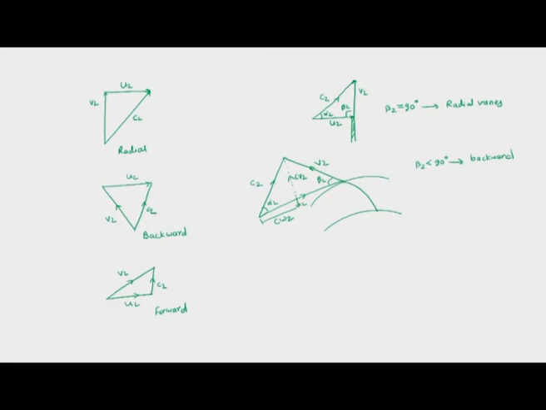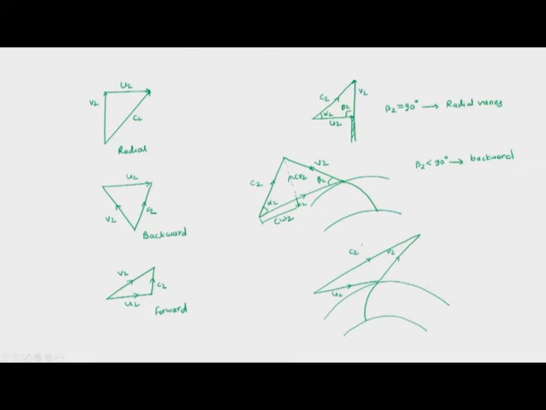Now if we draw the case for forward facing vanes, let us draw that. So this is a forward facing vane. In this case we have V2 here, then we have U2, and then we have C2 here.